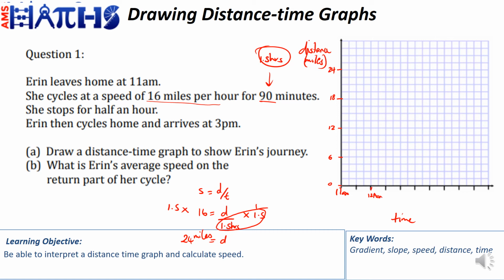Then here is going to be 1 p.m., 2 p.m., and 3 p.m. So to get to 24 miles in 1.5 hours, that's right here. So we go up to 24 right there. And then you'll use a ruler and connect those two points.